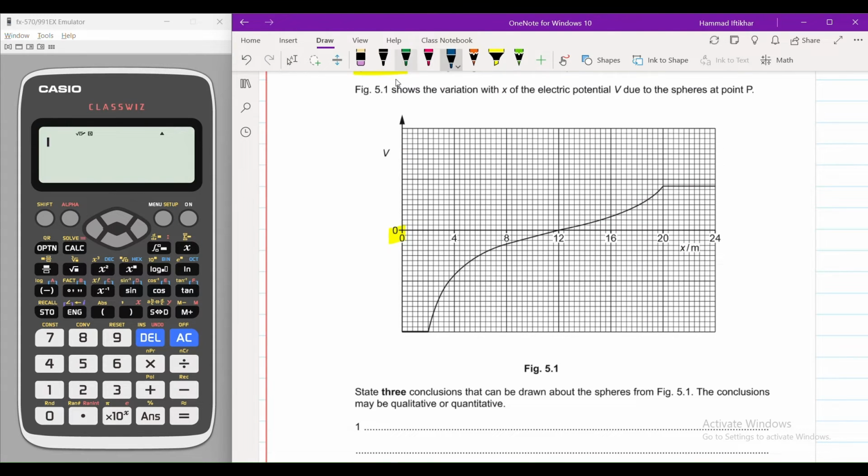We know that V is equal to kQ over r, and depending on the charge, the potential could be positive or negative. If the potential is negative over here, this means this is negatively charged, and this is positively charged. This is X, this is Y. What else can we draw a conclusion about?